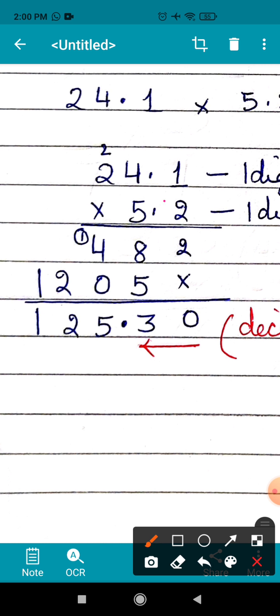So here you can see after decimal 1 digit, after decimal 1 digit. So total 2 digits. So what will you do in the answer? You will put decimal before 2 digits. So the answer that you have got is 125.30. Children, I hope all three methods of multiplication you have understood.